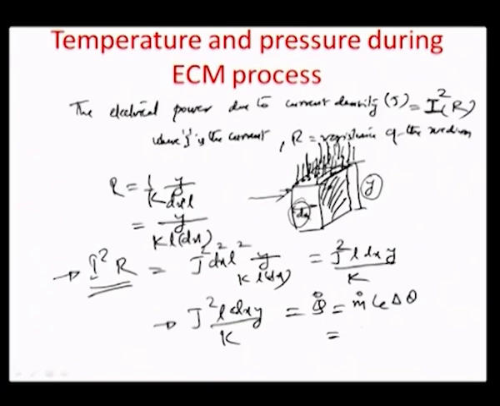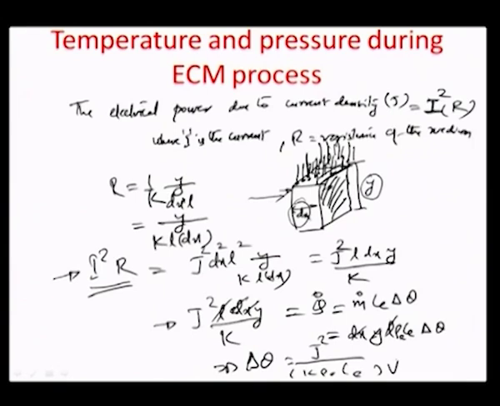which can also be represented as dx L y C delta theta times rho e. So, therefore, the delta theta comes out to be equal to square of j divided by k rho e C e times v, where v is the velocity of motion of the electrolyte.